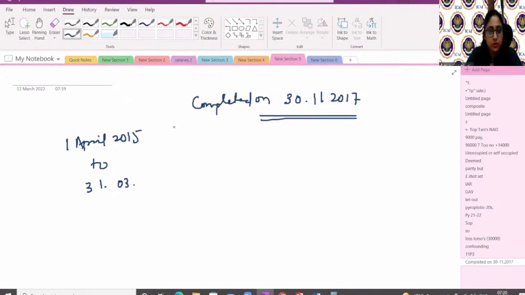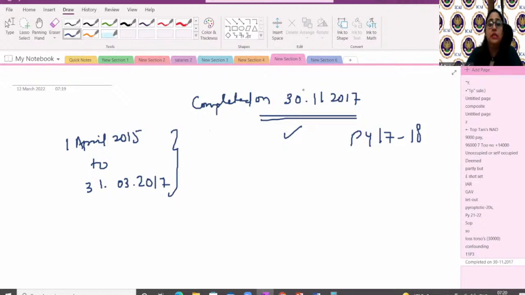So 30th November 2017 was the completion. So my pre-construction period would end on 31st March 2017, because in the year 17-18, the construction is completed. Hence, I can take the interest here in full. So my pre-construction period is this. The March which comes just prior to the date of completion is your pre-construction period's last date. Okay.